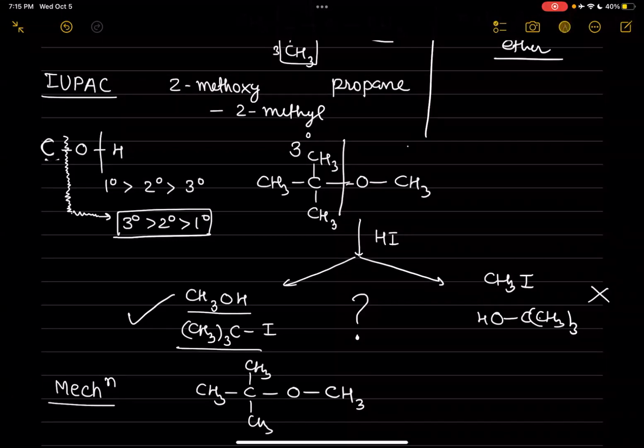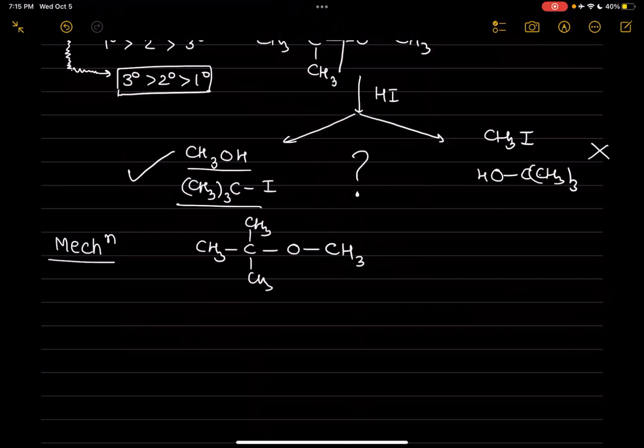The ease of breaking of the carbon oxygen bond is maximum for tertiary, followed by secondary, and then primary. Clear? Yes, sir. Understood. So this is what I chose to break, because it was tertiary, so it was easy to cleave. The reason is that the carbocation can form more easily.